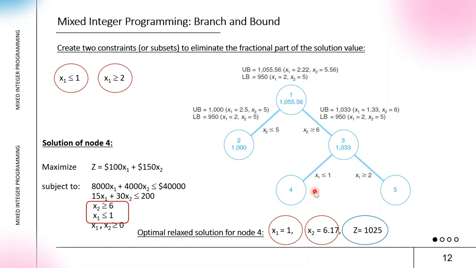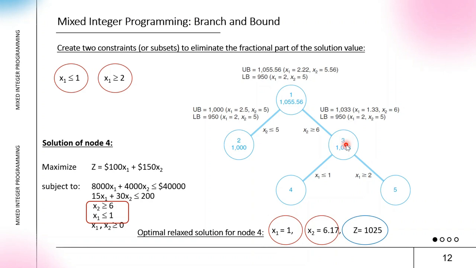Here we must add this new constraint in node 4 to the relaxed LP form of the optimization problem. In other words, we must add new constraints of node 4 and also node 3 to the initial relaxed LP form of the optimization problem.